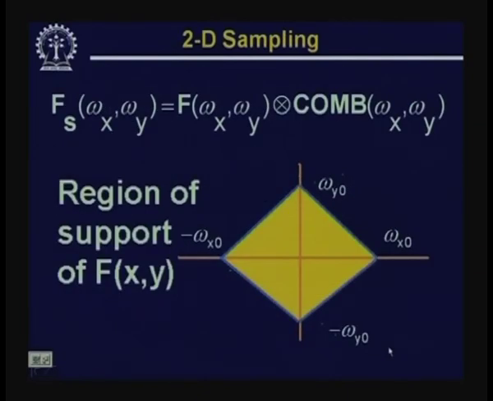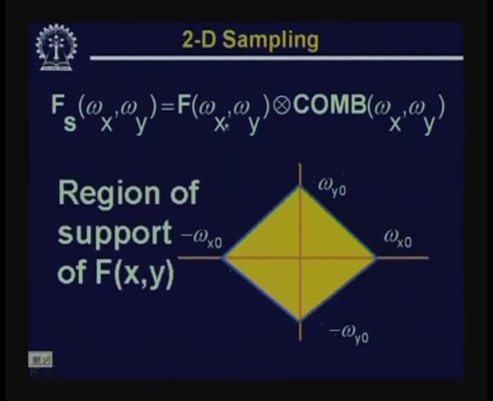So, coming back to a similar concept as in the one dimensional signal, f s omega x omega y is now the convolution of f omega x omega y, the frequency spectrum of the original image, with comb omega x omega y, which is the Fourier transform of the sampling function in 2 dimensions.